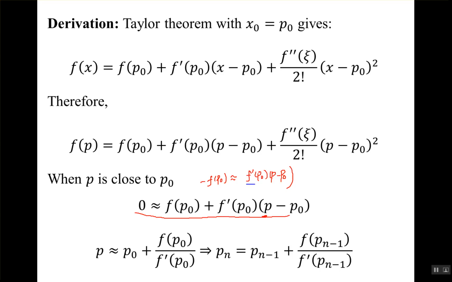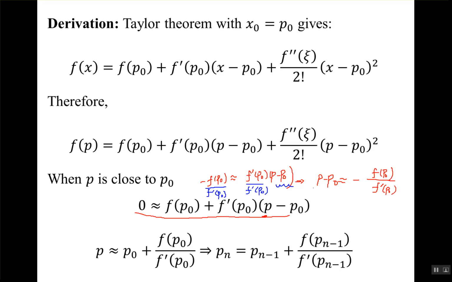Now I'm going to divide both sides by f prime of p0, and we get p minus p0 approximately equal to negative f of p0 divided by f prime of p0.